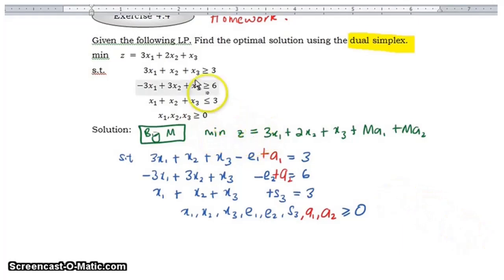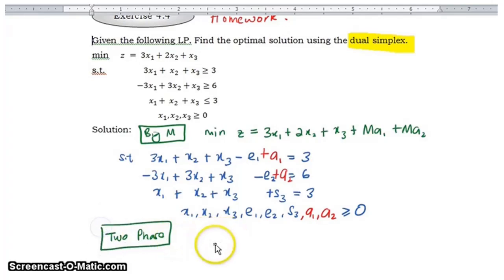If we decide to solve this problem by using two-phase method, the objective function of this problem in phase 1 is minimize R equals A1 plus A2.